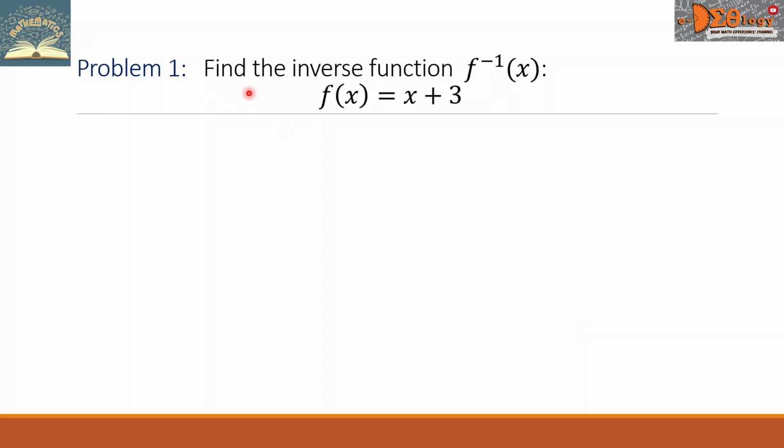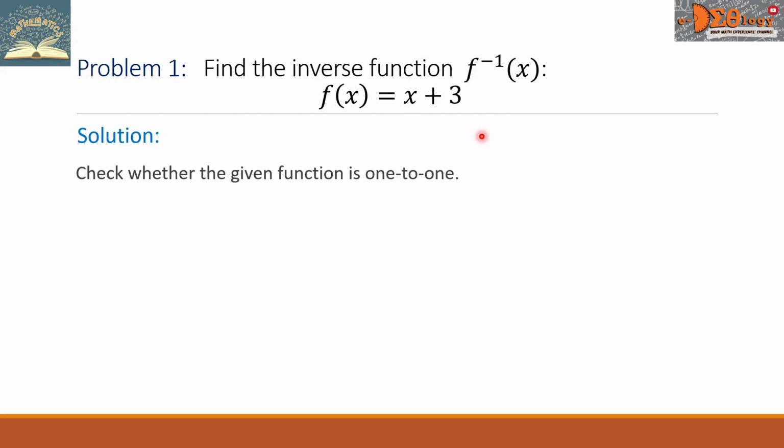Problem 1. Find the inverse function f inverse of x. The function is f of x equals x plus 3. First, we check whether the given function is one-to-one. Yes, it is. For any value of x, there is a unique value for f of x.